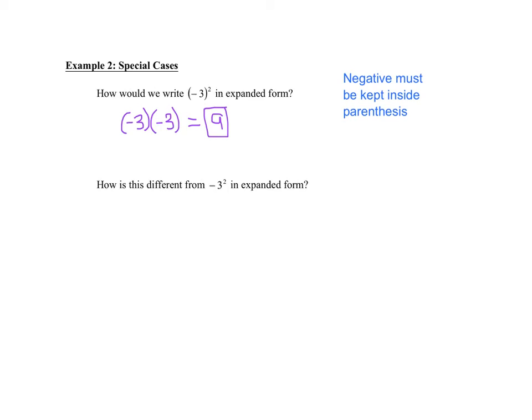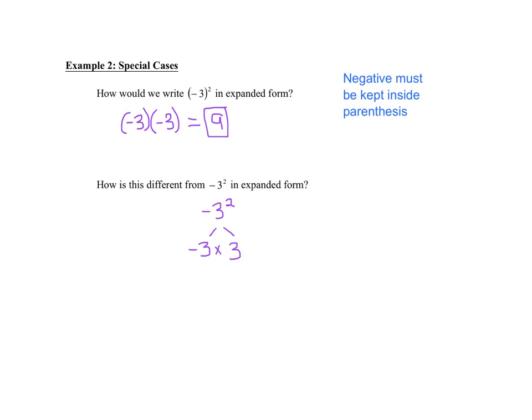Now let's look at our second statement. It says, how is this different from negative 3 squared in expanded form? Let's rewrite that as negative 3 squared. If you notice, the negative is in front of the 3. There are no parentheses. So when you expand it out, you are saying negative 3 times 3.